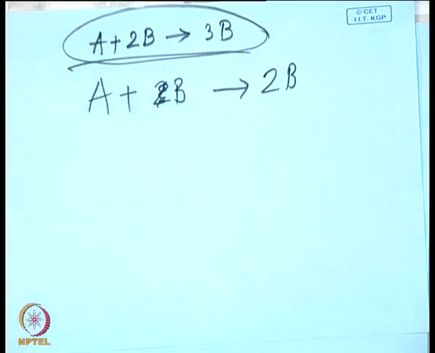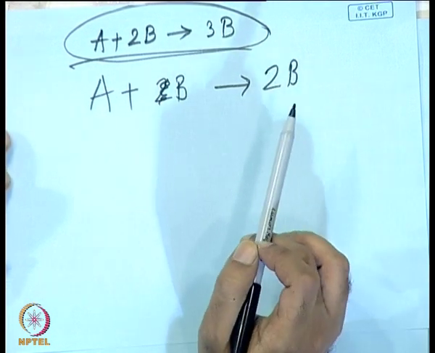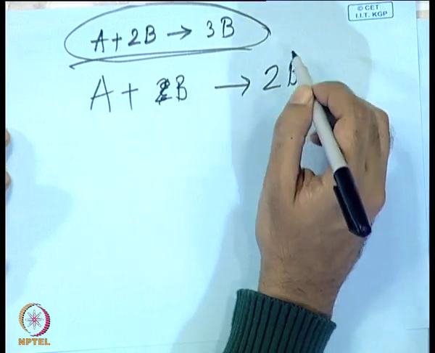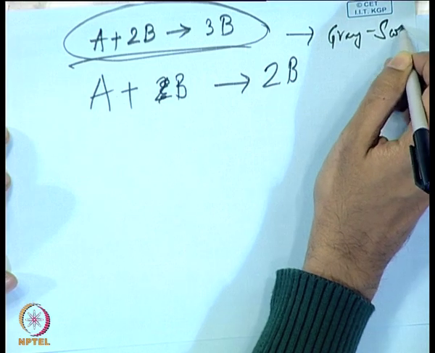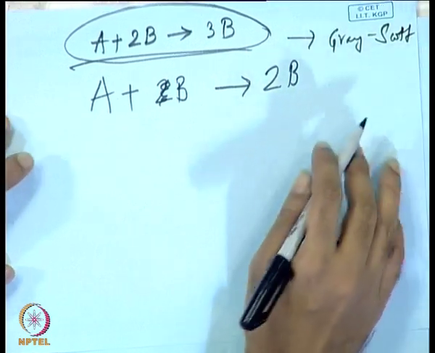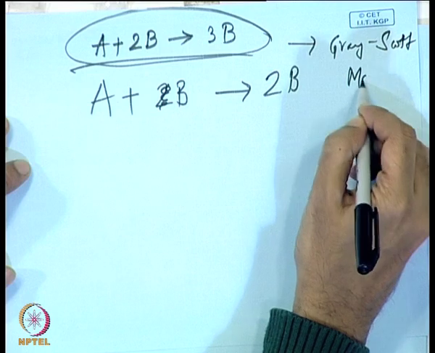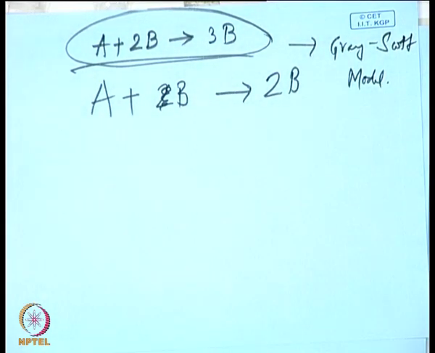This is known as the Gray-Scott model. A huge amount of theoretical and experimental studies have been done on these autocatalytic systems, and I will come in a minute to why these studies had been done.